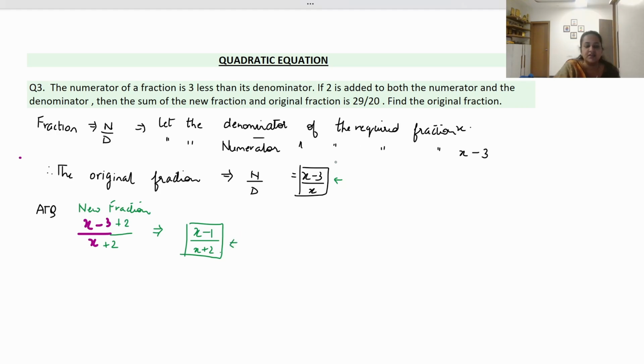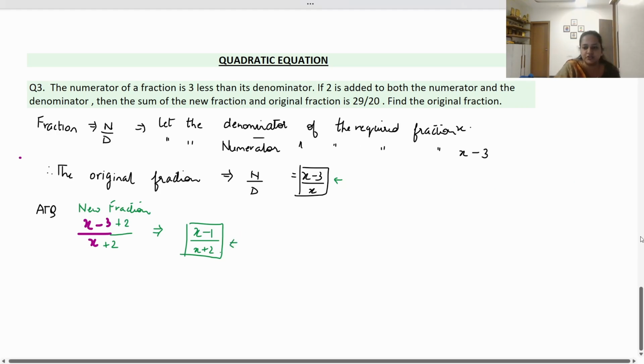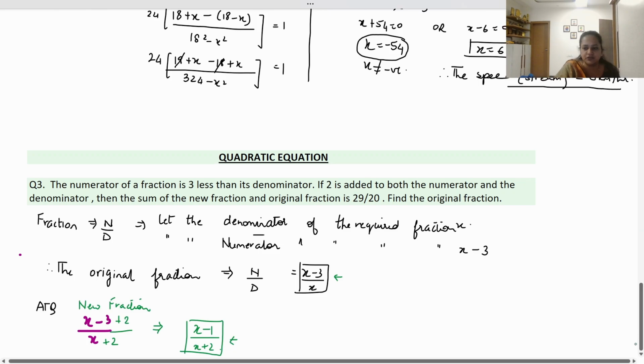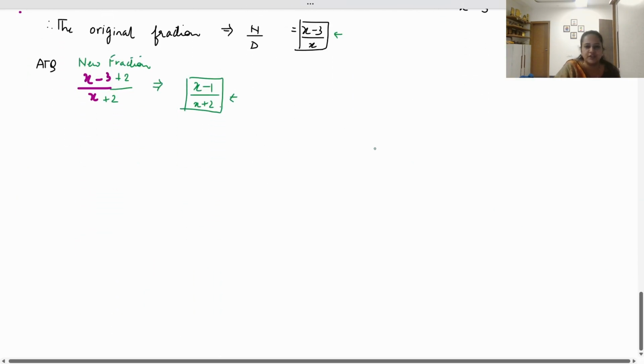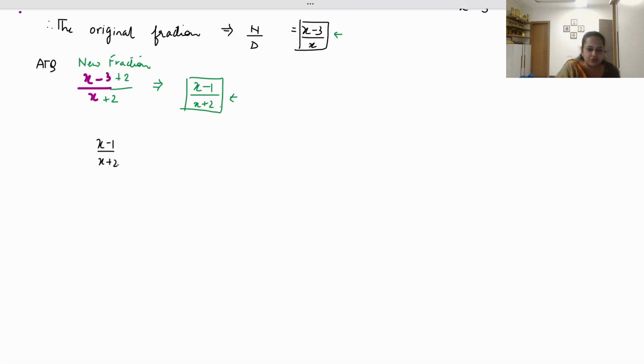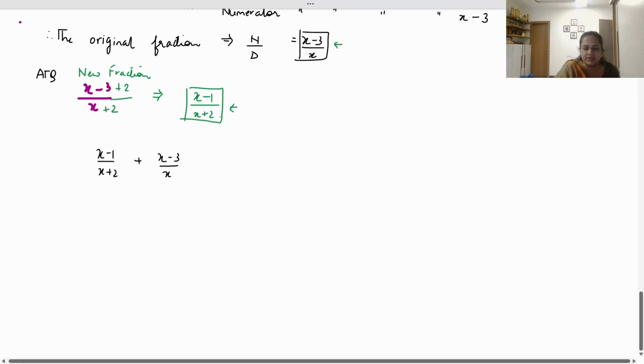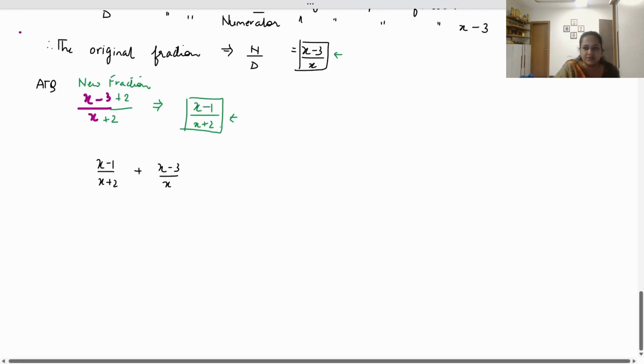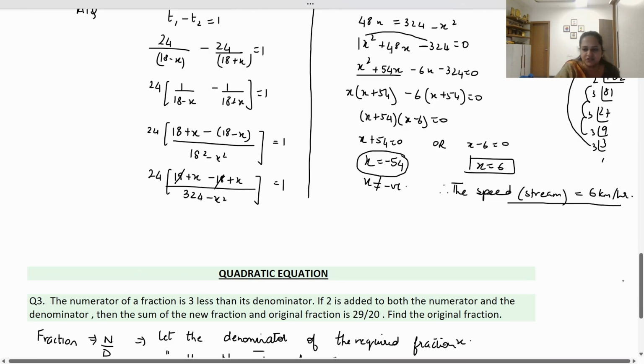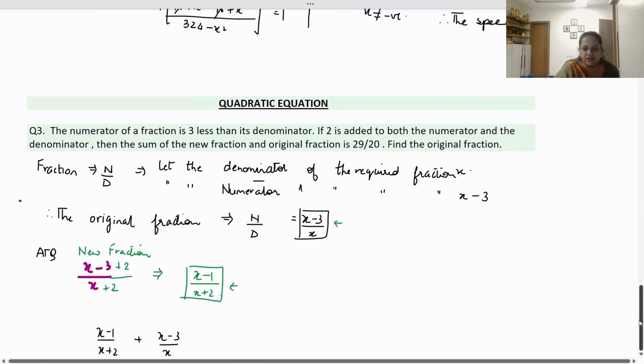The condition says the sum of the new fraction and the original fraction. So new fraction is x minus 1 upon x plus 2 and original fraction is x minus 3 upon x. Really very sorry for the sliding.